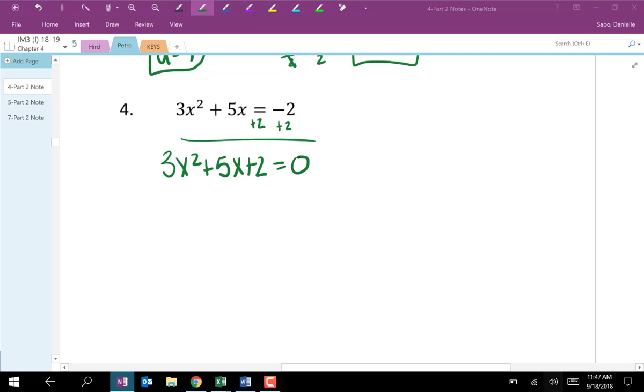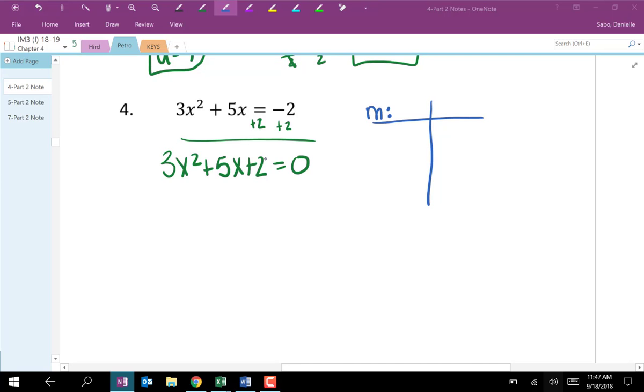Now it looks the same as what we were just doing. So whenever it's not equal to 0, you need to make it equal to 0. That's the only thing you need to remember. Okay, now let's do this process one more time. What multiplies to what number?